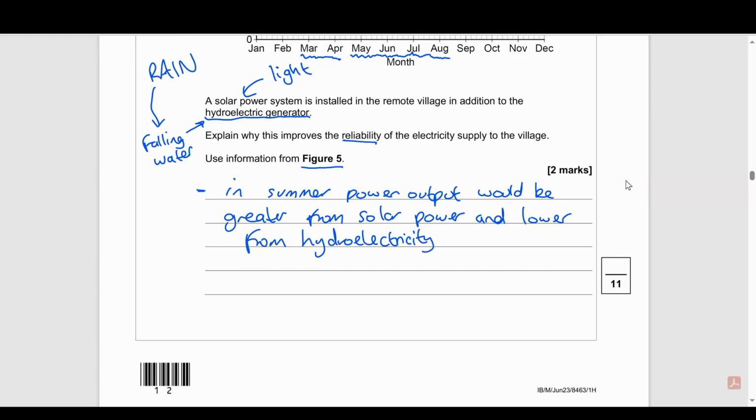Now remember what we've done. We've used the information from the figure. We've mentioned the summer. If you want to be specific, we can say from May to August.